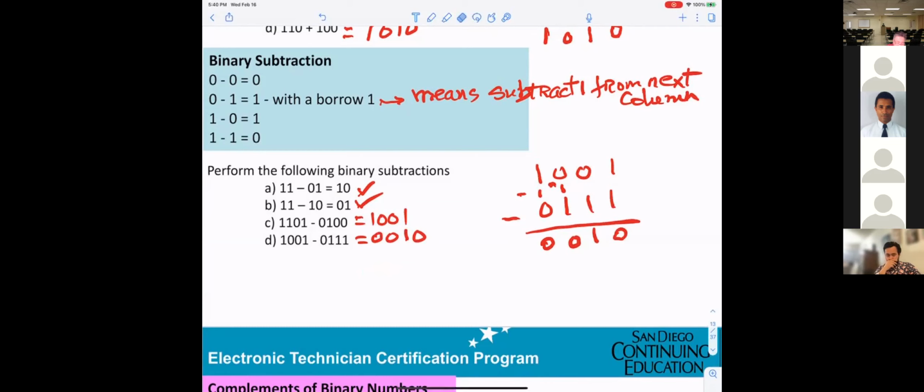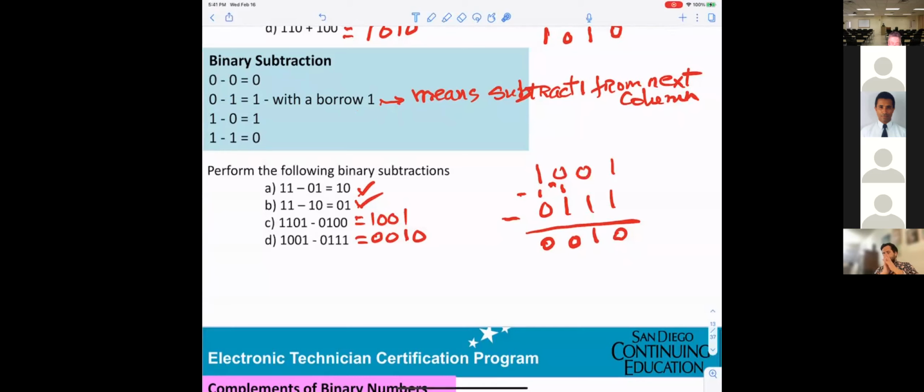Could you repeat, please, teacher? Okay, now 1 minus 1, you get 0. 0 minus 1. That's what they're telling you right here. You get 1, but you get borrow 1. Borrow 1 means subtract 1 from the next column. That means you take 0 minus 1.